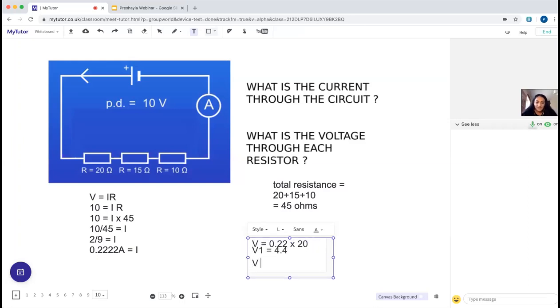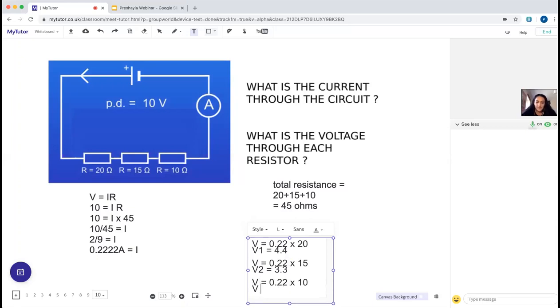And then V for resistor 2 is 0.22 times 15. So V2 is 0.22 times 15, which is 3.3. And V3 equals 0.22 times 10.